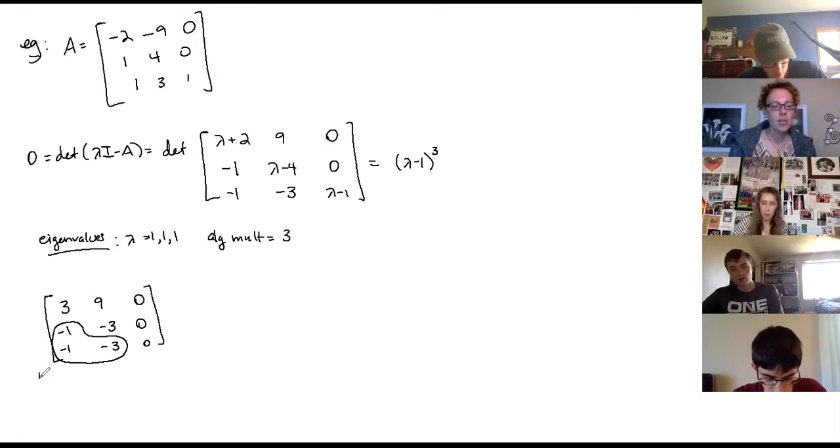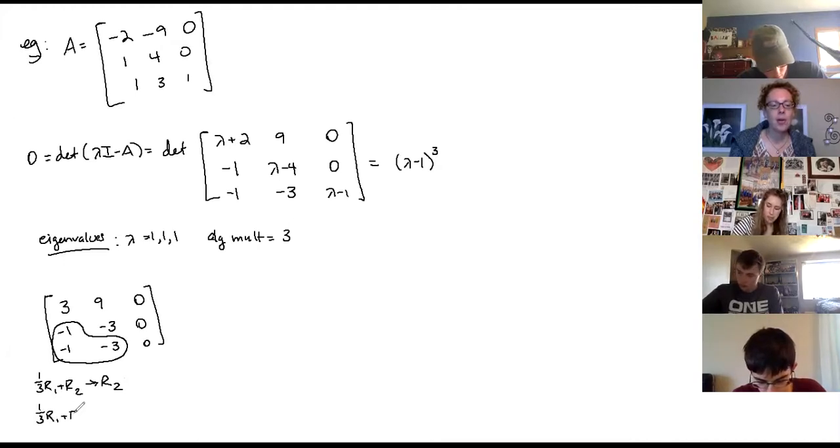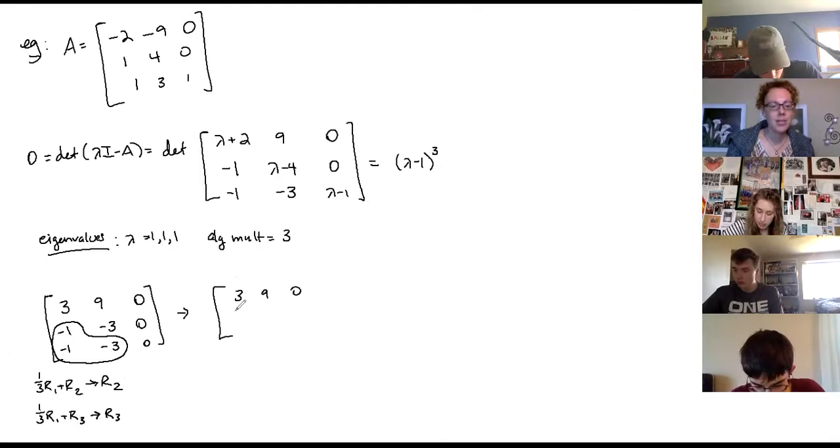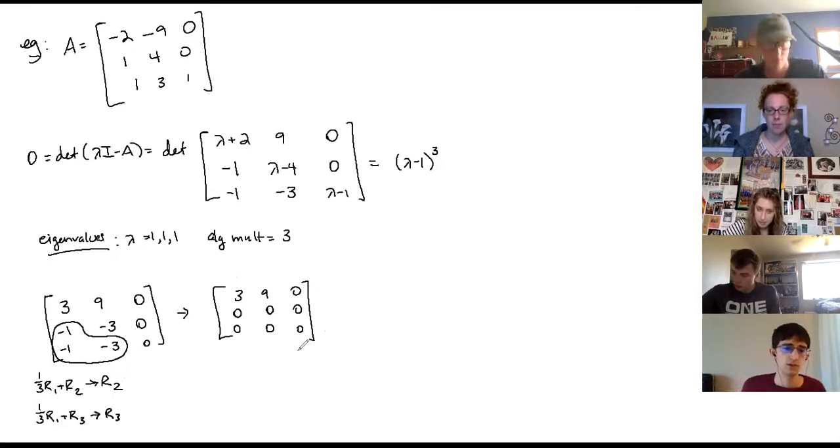So we can do 1/3 row 1 plus row 2 get sent to row 2, and 1/3 row 1 plus row 3 get sent to row 3. It'll let me zero stuff out. And if I do that, I end up with 3, 9, 0, 0, 0, 0, 0, 0, 0.